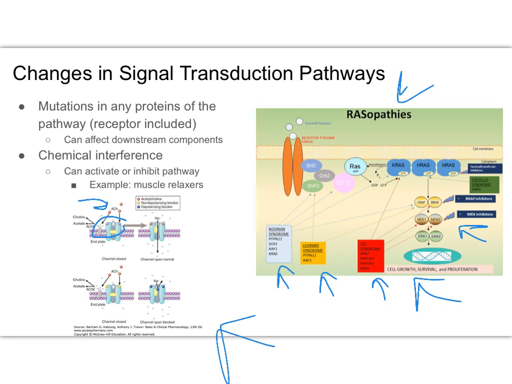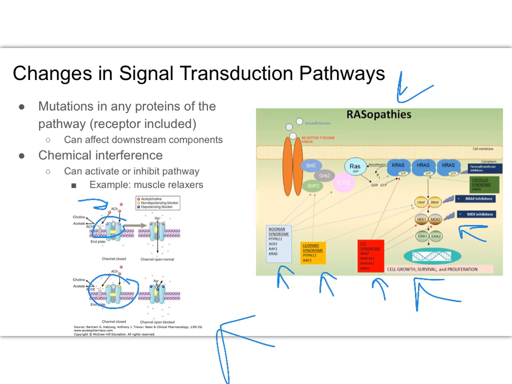So if these muscle relaxants keep that channel blocked and closed, then there's no sodium rushing into the muscle, and so the muscle doesn't contract, and so the muscle will stay nice and relaxed.